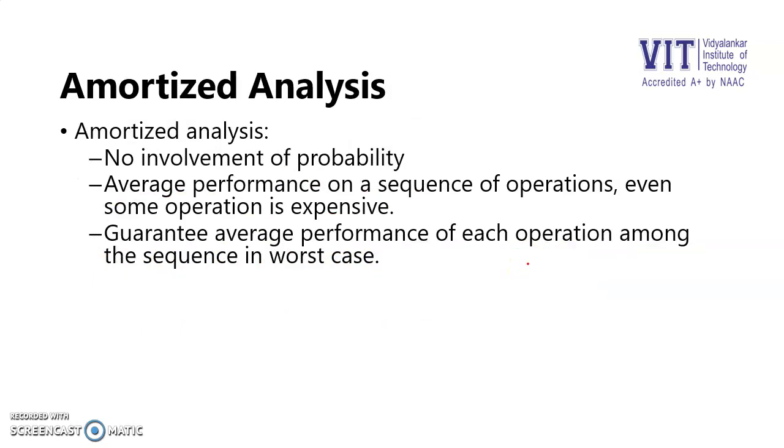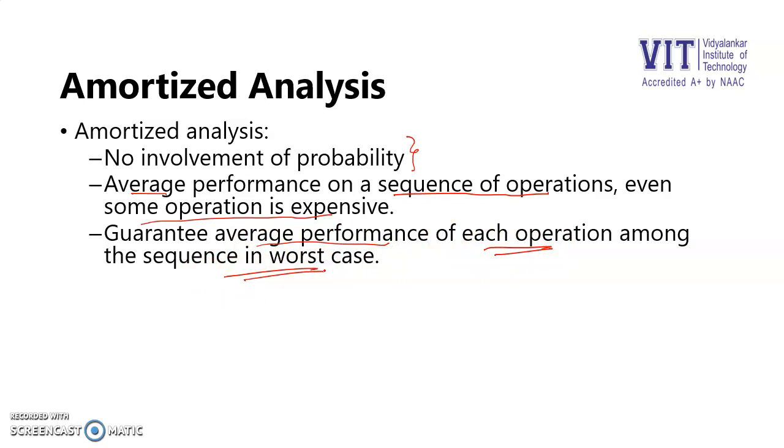Now, in amortized analysis, we will not involve probability. We are going to find the average performance of a sequence of operations, even though some operation is expensive. It may happen that some operation is expensive and some operations are very less expensive. But when we average it out, we can get the average performance of each operation among the sequence, even in the worst case.